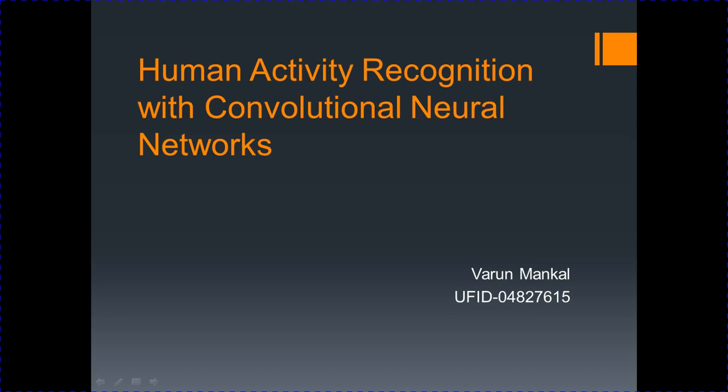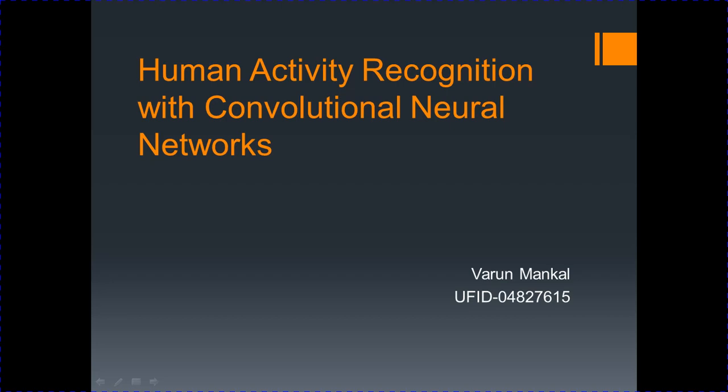So, by identifying the human activities, what is the purpose, or why is it required to identify the human activities? In context aware applications or in ubiquitous computing, if you consider, the actions need to be performed based on the human activities and you need to act accordingly.